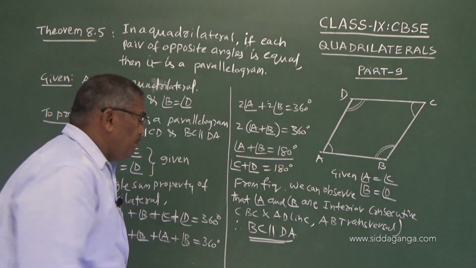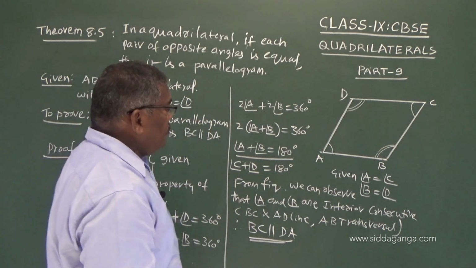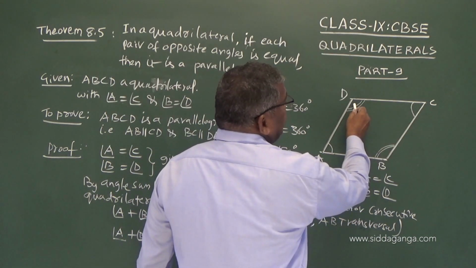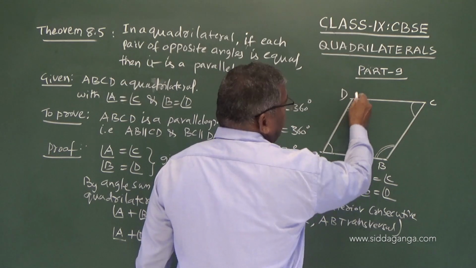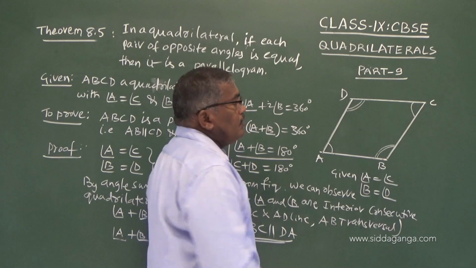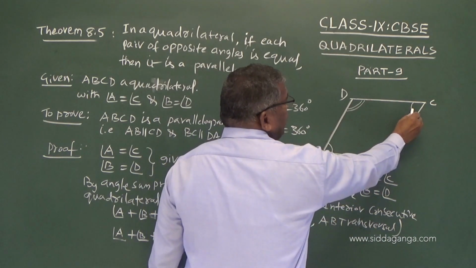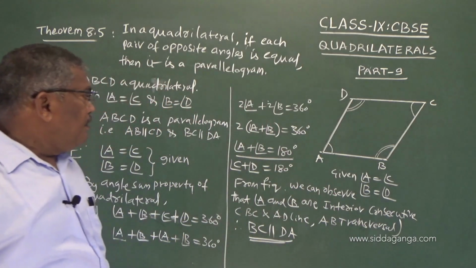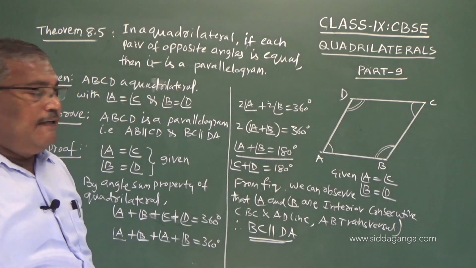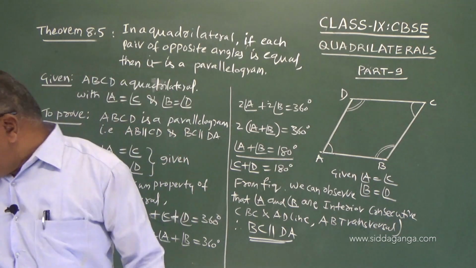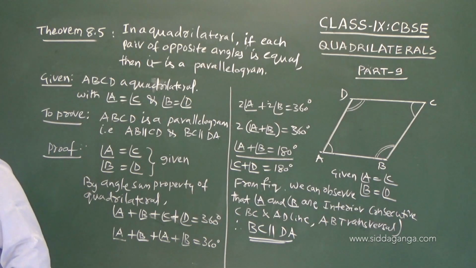Similarly, you observe here C plus D is 180 degrees. We consider these two lines, with DC as transversal. So these two are 180 degrees, therefore BC is parallel to AD.